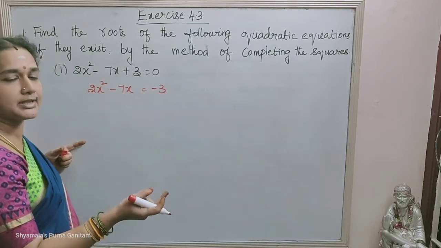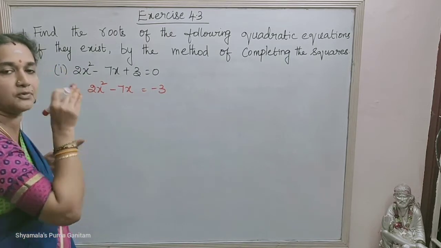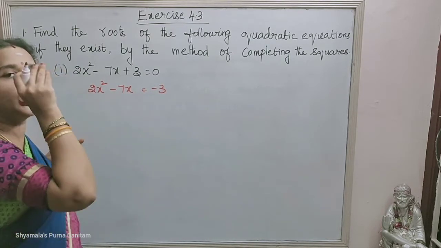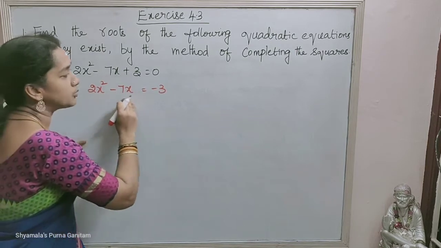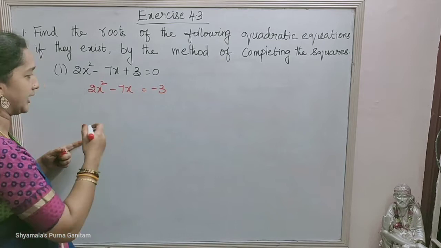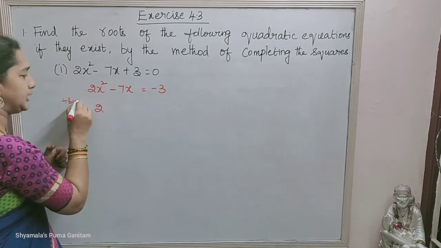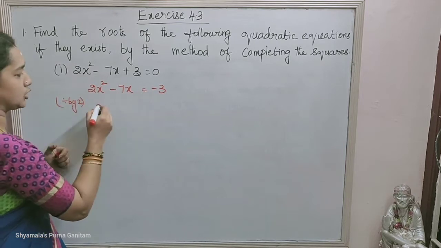Then second step is, whatever coefficient you have for x squared, with that coefficient it has to be divided throughout. That is, for all the three terms it has to be divided. So divide by 2. This is the thing we are going to do now.